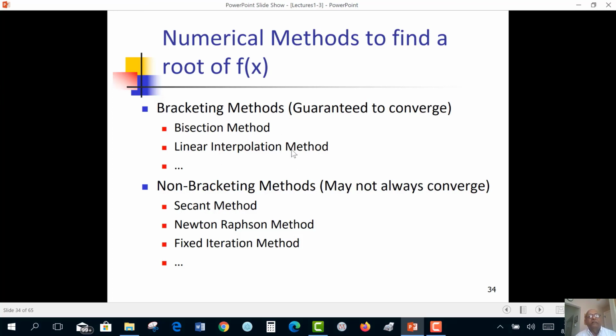But as we discuss these methods, I'm going to mention what the linear interpolation method is and what other methods might be. The second category of methods are non-bracketing methods. Non-bracketing methods may not always converge. However, they may have certain other benefits. We are going to cover three such methods: the secant method, the Newton-Raphson method, and the fixed iteration method.